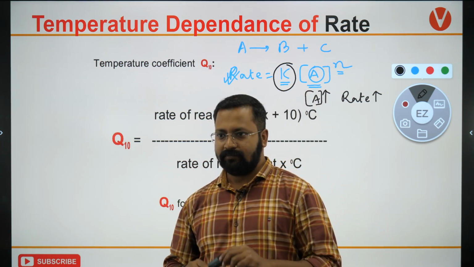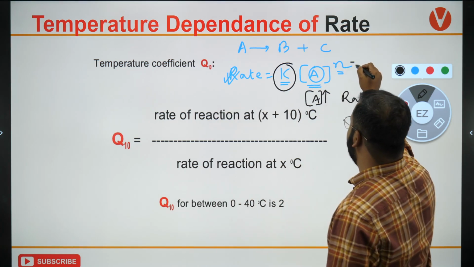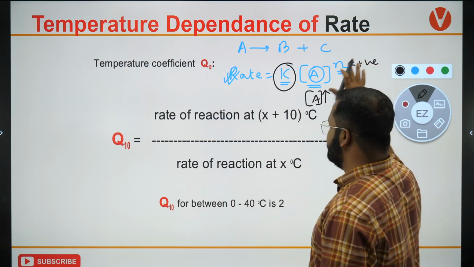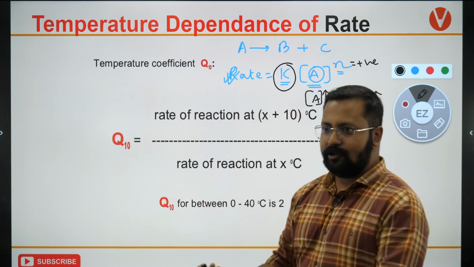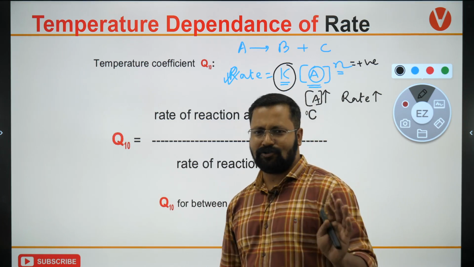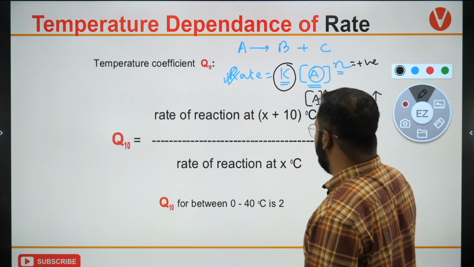Okay. Shreyash, I know for n, when n is any positive value other than 0, if I change the value of A, the rate will also increase. Okay, it's very much understood to everybody.